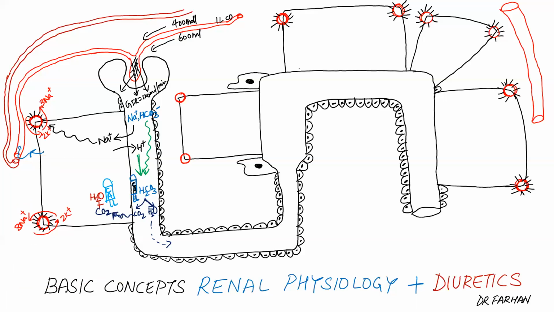Now, this carbonic anhydrase is not luminal carbonic anhydrase. This carbonic anhydrase is your cytoplasmic carbonic anhydrase, right? So this cytosolic carbonic anhydrase will cause the union of this water which is present inside the cell and the CO2 which has come from the outside, from the lumen inside the cell, and it forms what? It again forms carbonic acid inside.